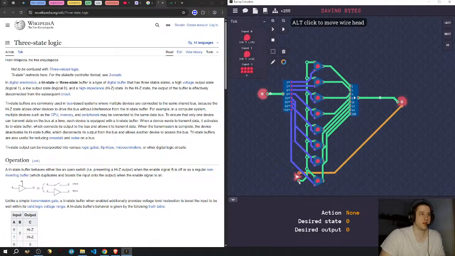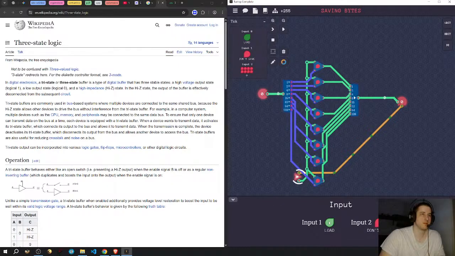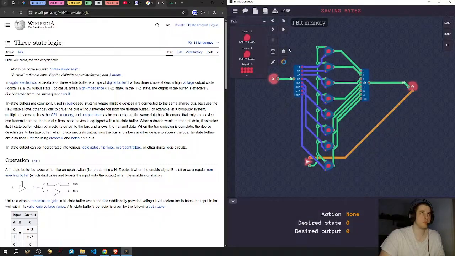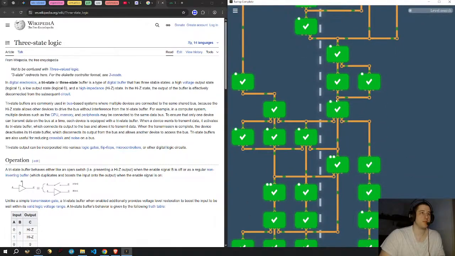Yeah, so this is the save and this is the enable or something like that, I think. This is the save and this is the load.